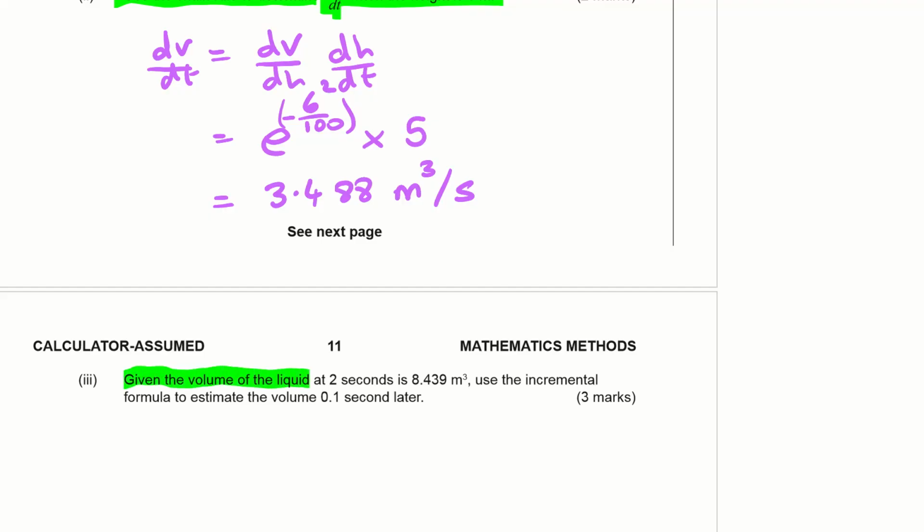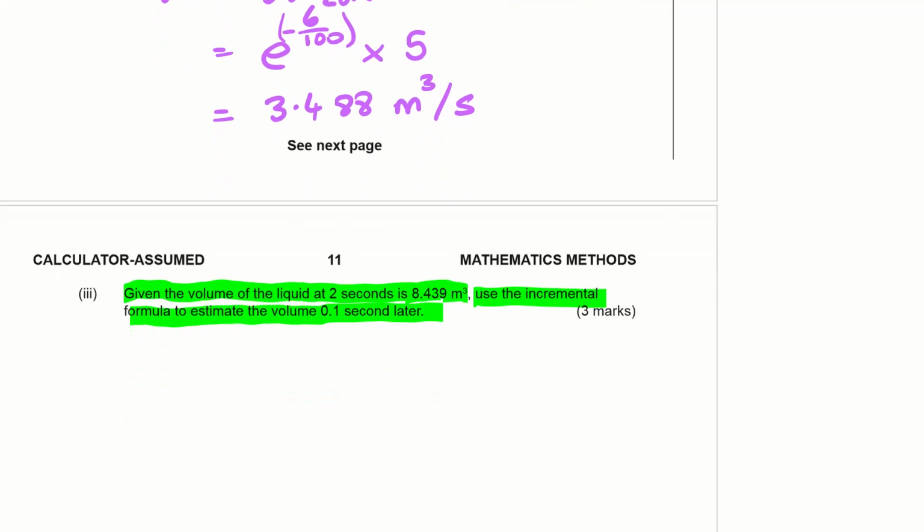Given the volume of liquid at 2 seconds is 8.439 cubic meters, use the incremental formula to estimate the volume 0.1 seconds later. Okay, so delta V is going to be dV/dt times delta t.